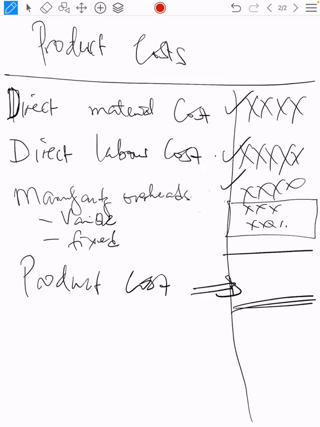But it is material that was used in the production process. The number of screws is going to vary with the number of desks produced. If one desk needs 4 screws, if we make 2 desks, we need 4 times 2. So the screws and the glue used in the making of a desk are going to be a variable manufacturing overhead.